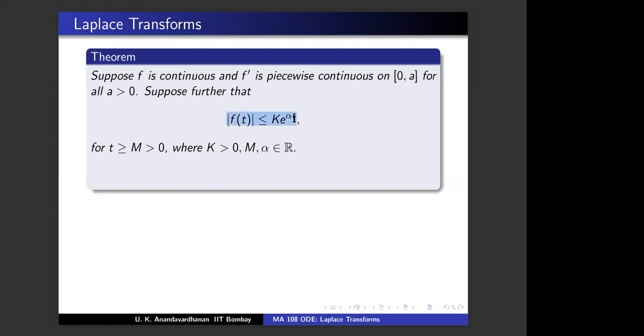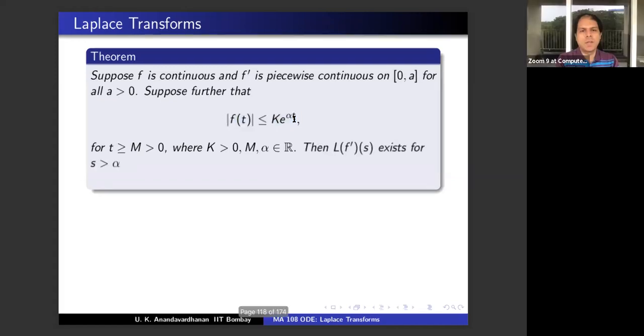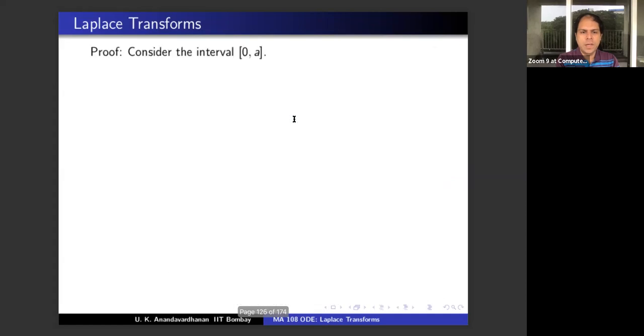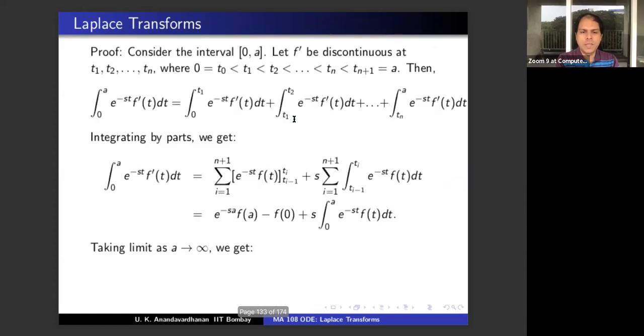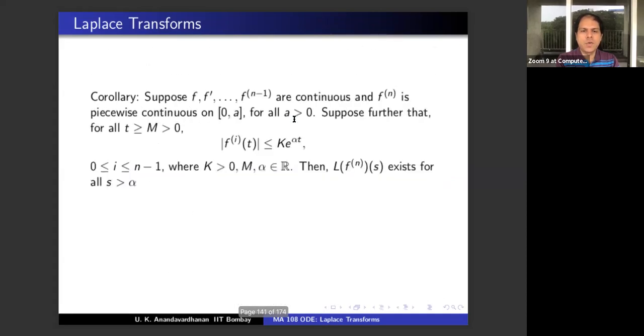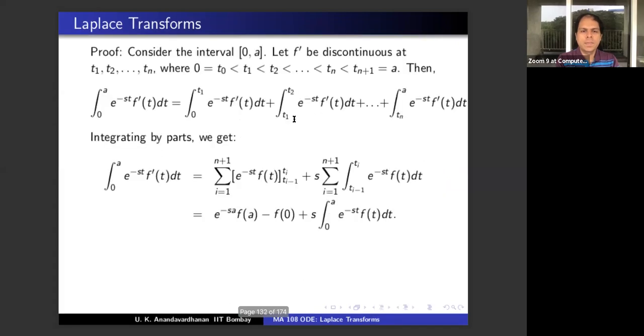Sir, if we choose s greater than alpha, then f(t) e^(-st) will be less than k e^... Absolutely. So f may be going to infinity, but what we know is f is going to infinity slower than e^(st). Because of exponential order, f(a) may be infinity. I'm not denying that.